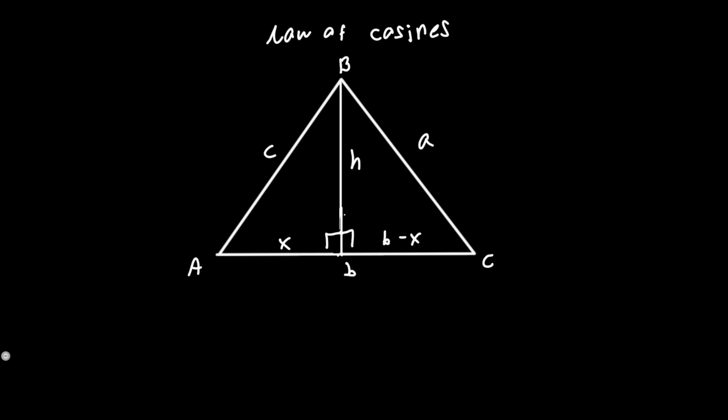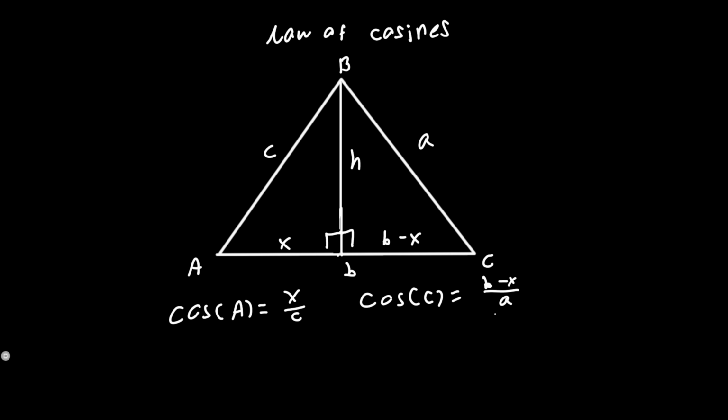So with two different right triangles, we could use cosine of A or cosine of C. So we're going to use just cosine of A. So we have cosine of A is equal to x over c, since it is adjacent over hypotenuse. And we're also going to get cosine of capital C is equal to (b minus x) over a.